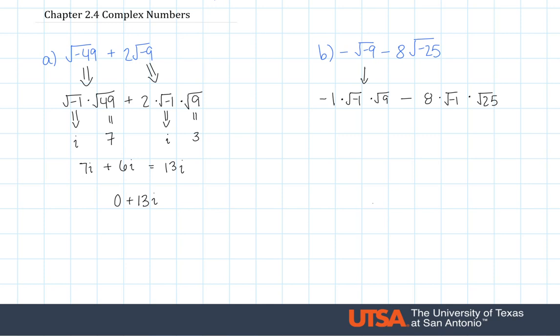So we have a negative 1 times this i here, and then we have a 3. So this whole term is negative 3i. Then we have minus 8 times i times 5. So minus 40i. Then negative 3 minus 40 is going to be negative 43i. And again, we don't have an a part.